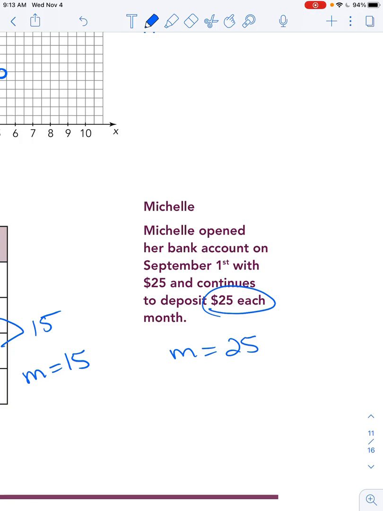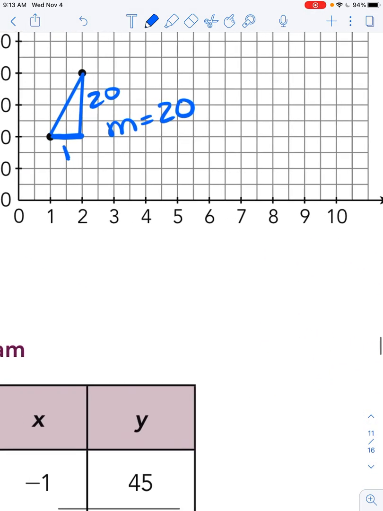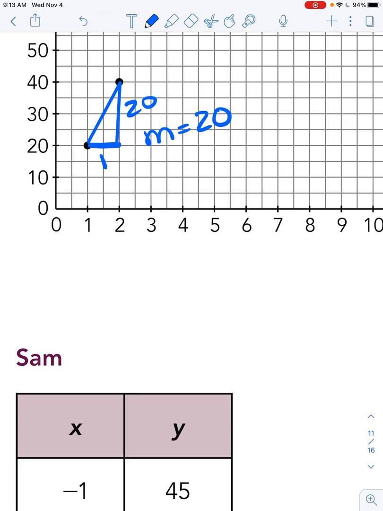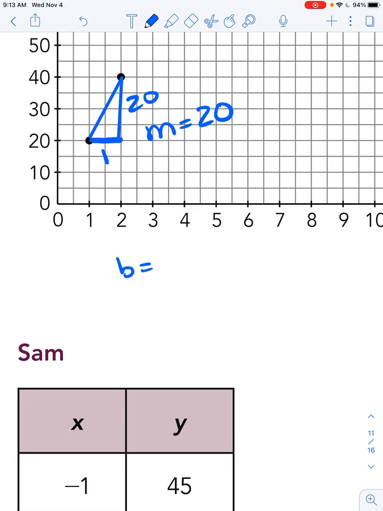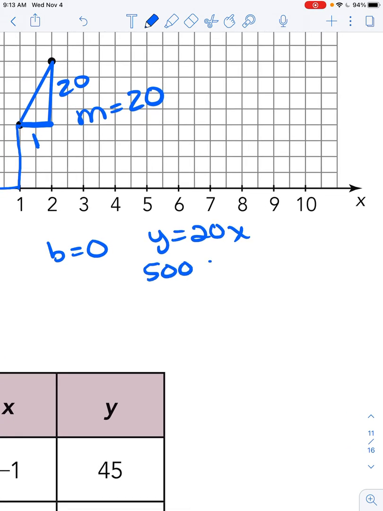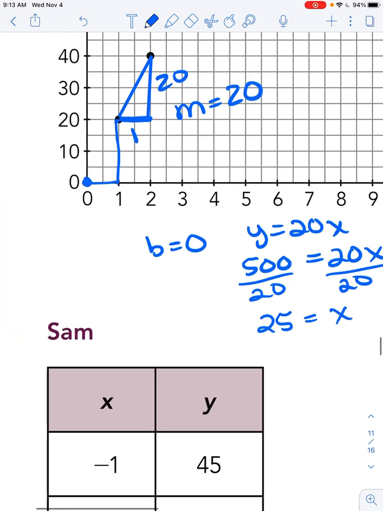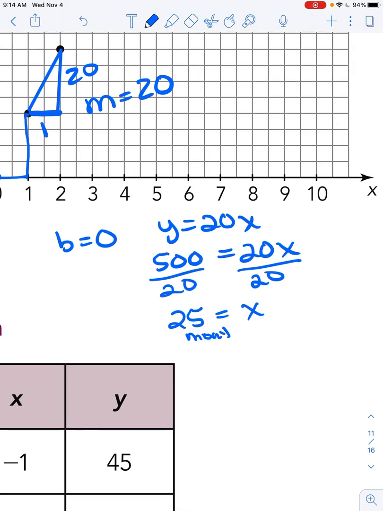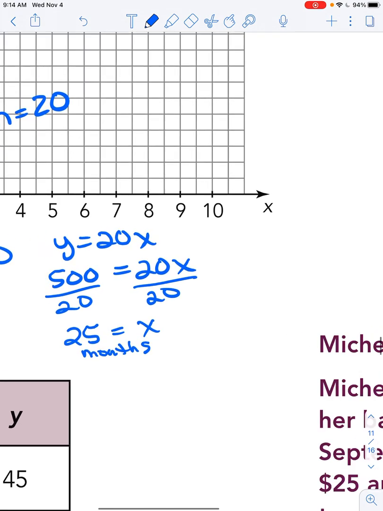Now, it's great that we found the slope, but we actually need to find out when they're going to get to $500. So in order to do that, I have to actually find the b value. So if I went down 20 and went over 1, wouldn't I be at 0, 0? So that means my equation is 20x. So if I was to plug in 500 here, to find out how much money they'll have, I divide here, and it would take 25 months to get to $500.